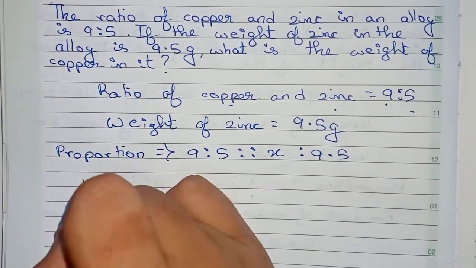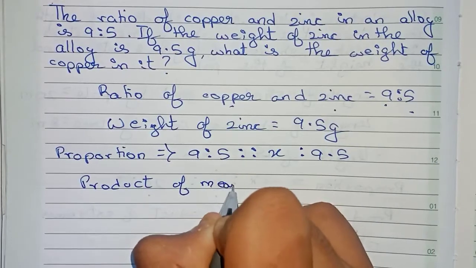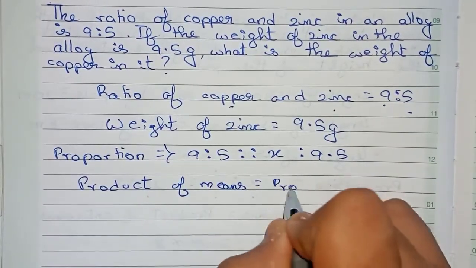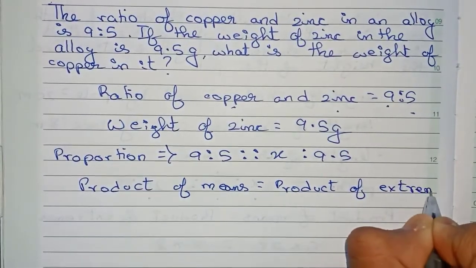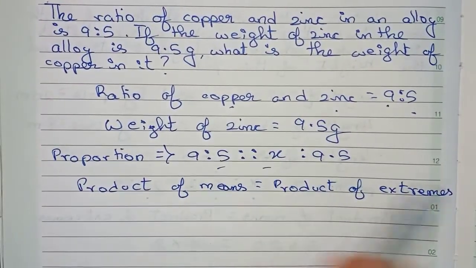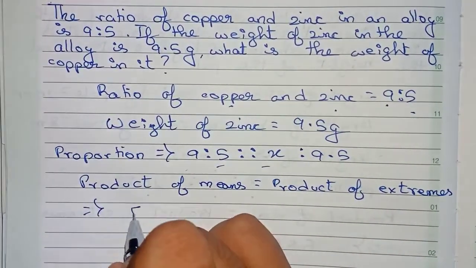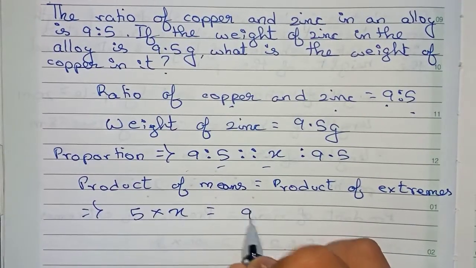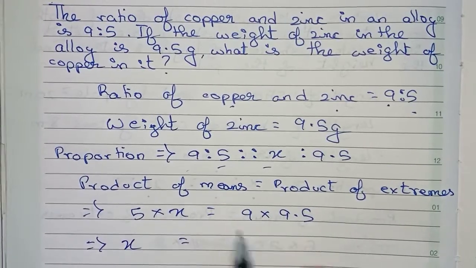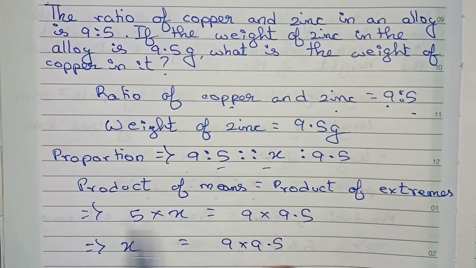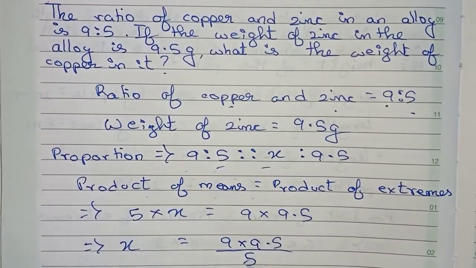So now I write the formula, that is product of means equals product of extremes. So 5 and x are means, 9 and 9.5 are extremes. So write the means first, that is 5 into x equals 9 into 9.5. So now we write x equals 9 into 9.5 divided by 5. Now 5 and 9.5, it will go directly.